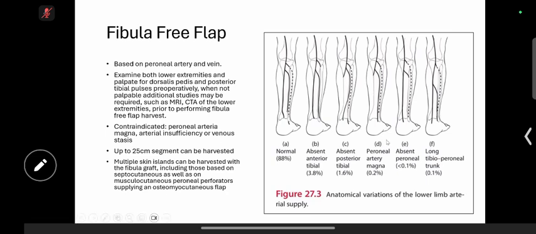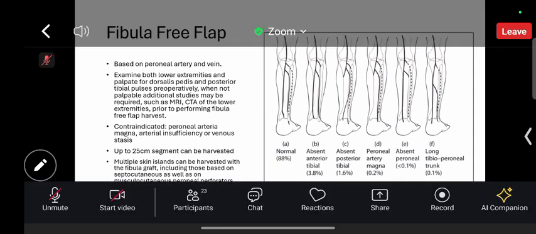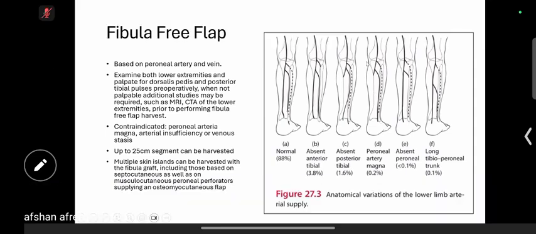In this image, we are able to see the normal anatomy for a peroneal artery. The popliteal artery divides into the anterior, posterior, and peroneal arteries. So it could be absent. The anterior tibial artery can be absent. In these cases, this is contraindicated for the fibula flap.